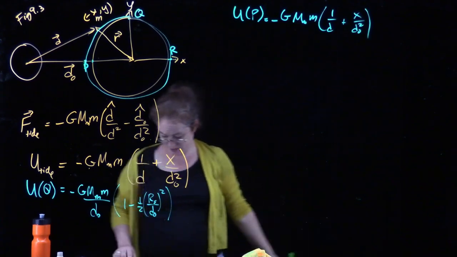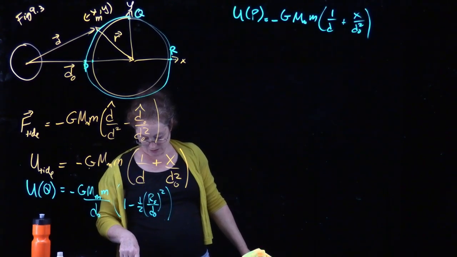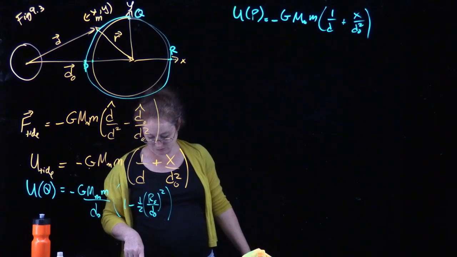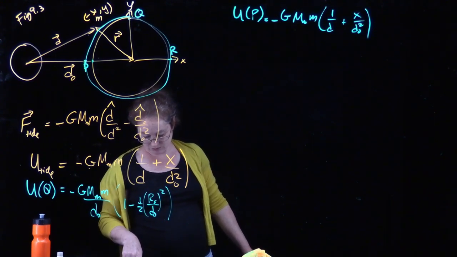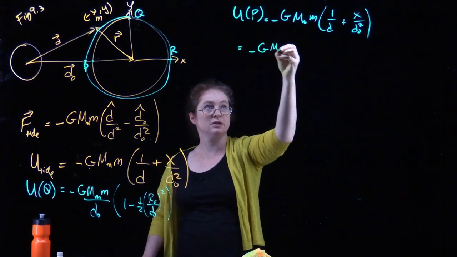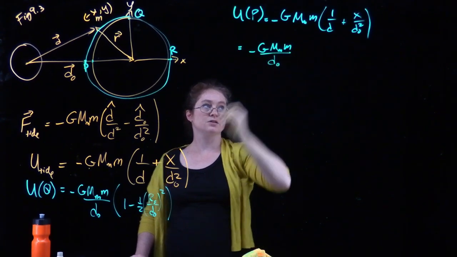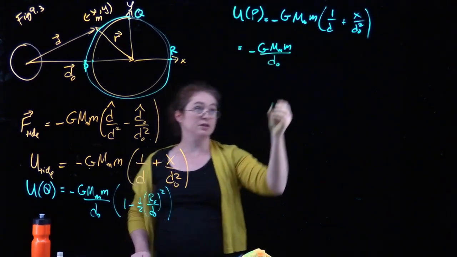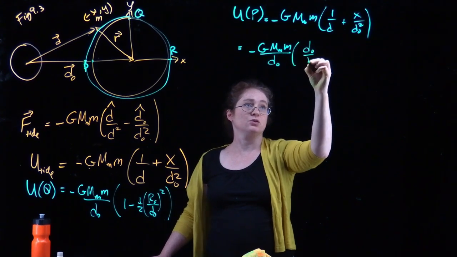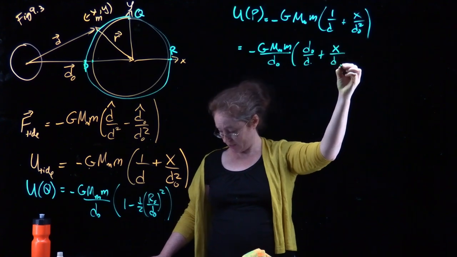This one's a little trickier. So negative GM over d naught. So I'm pulling a d naught out of there. So I have d naught over d plus x over d naught.